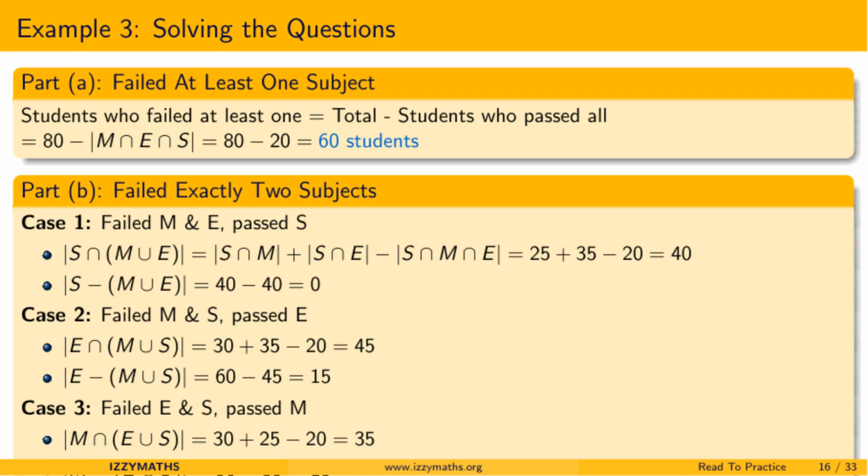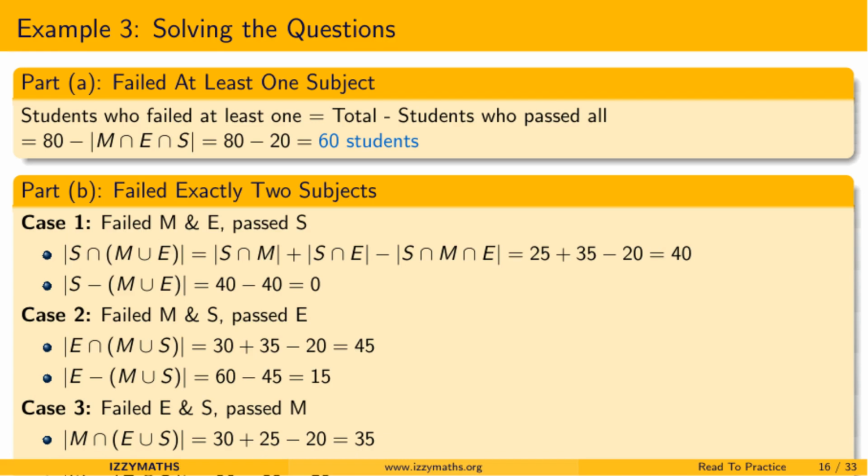Case 2, failed math and science but passed English. The absolute value of E intersection open parenthesis M union S close parenthesis equals 30 plus 35 minus 20 equals 45. So the absolute value of E minus open parenthesis M union S close parenthesis equals 60 minus 45 equals 15.